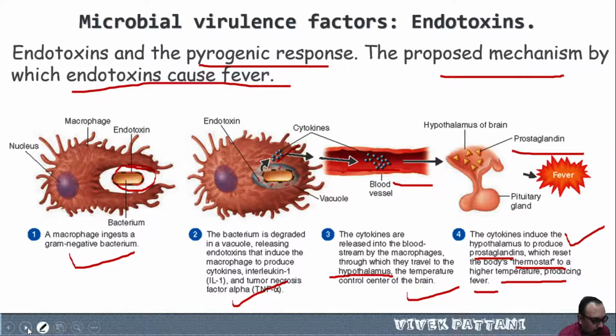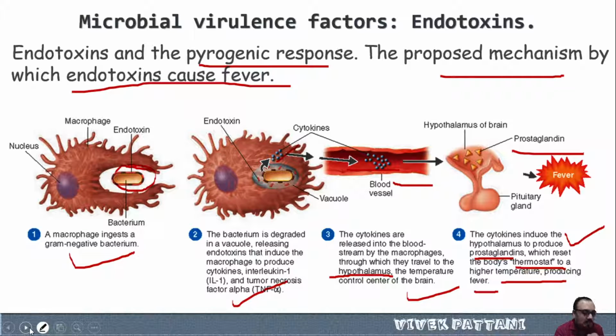This is how the endotoxin mechanism works, just a proposed mechanism. I am again repeating the whole procedure. A macrophage ingests a gram-negative bacterium. The bacterium is degraded in a vacuole, releasing the endotoxin that induces the macrophage to produce cytokines, interleukin 1 and tumor necrosis factor alpha.